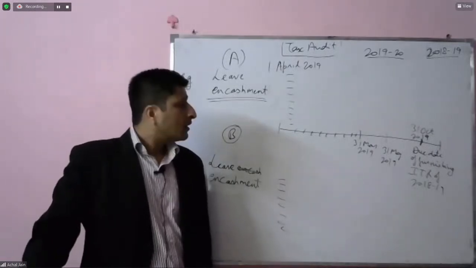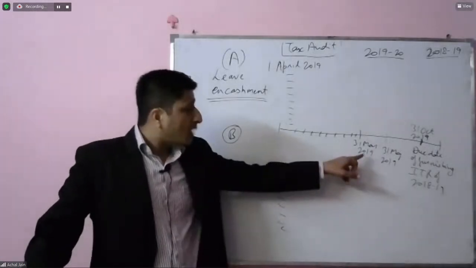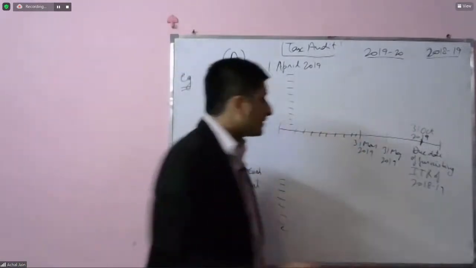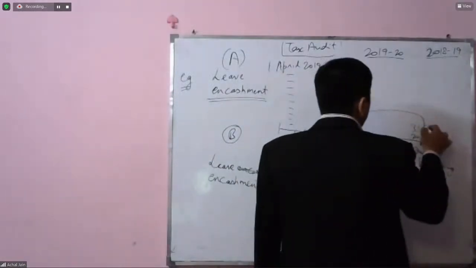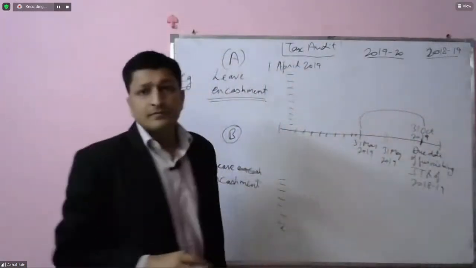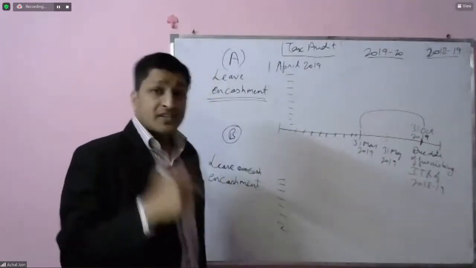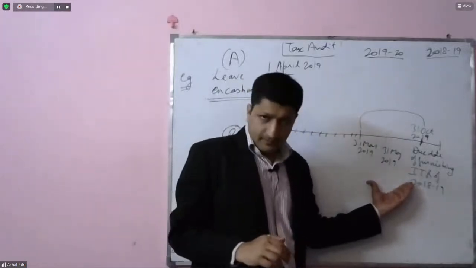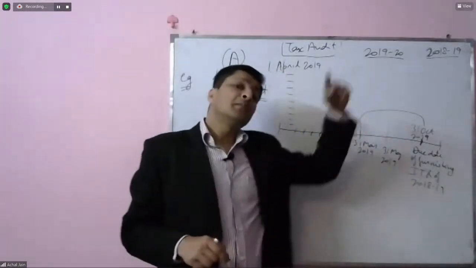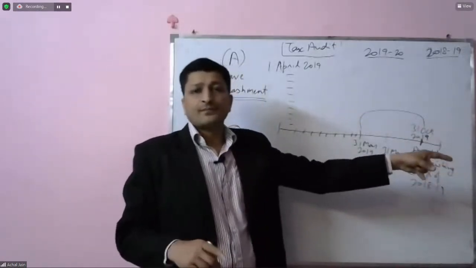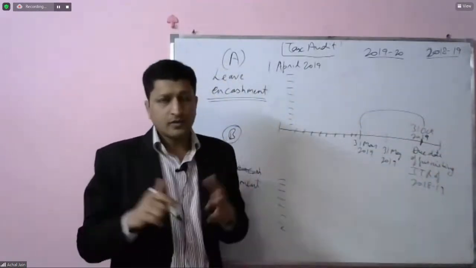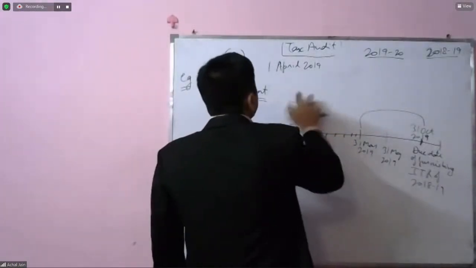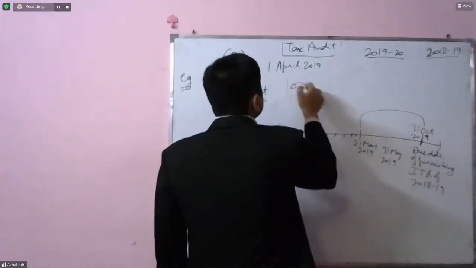No. So any liability which remained outstanding over here and which also did not get paid up to this date will be captured over here. Clear? Yeah. This is because if this would have got paid during this period, then that would have been reported in the last year's Form 3CD. Now it is not required to be reported. Okay. So let's suppose this amount is 100. For leave encashment, let's suppose this amount is 100.